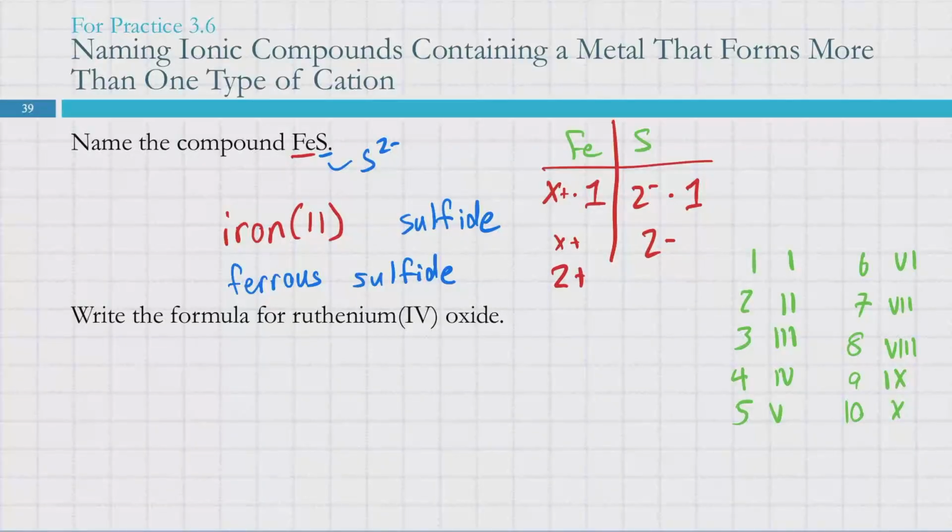Okay, we've got ruthenium(IV) oxide. We want the formula. So ruthenium, Ru, the IV meaning that it's 4 plus. Oxide, the base is oxygen. Oxygen forms a 2 minus charge.